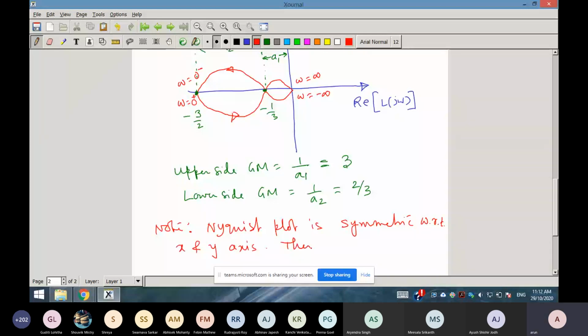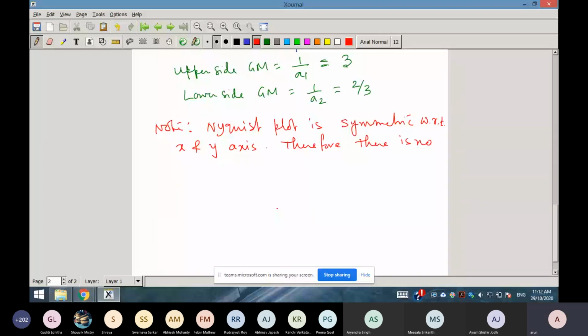Therefore, there is no term like positive phase margin, negative phase margin. Thus, that kind of term is not there.